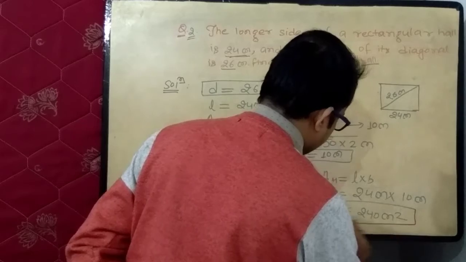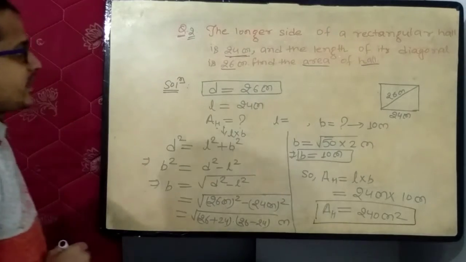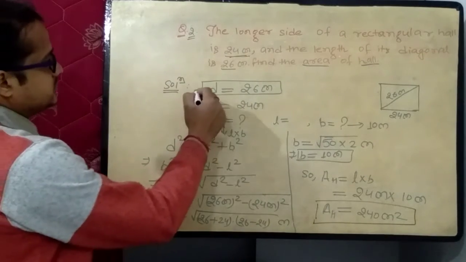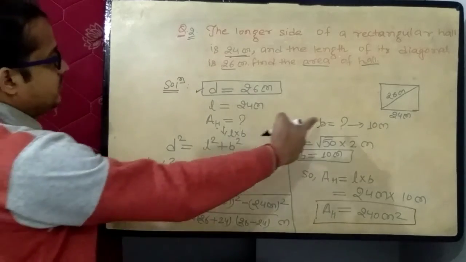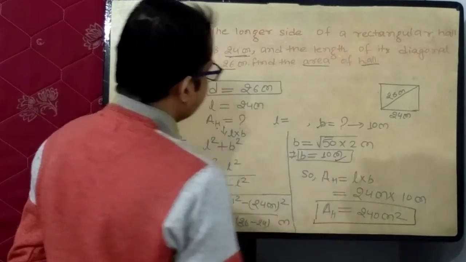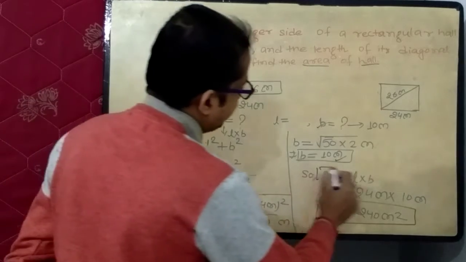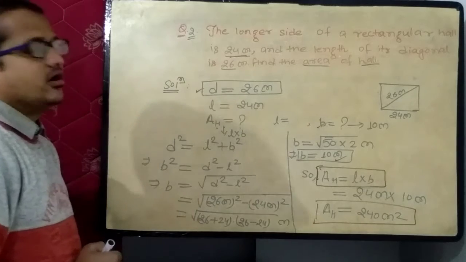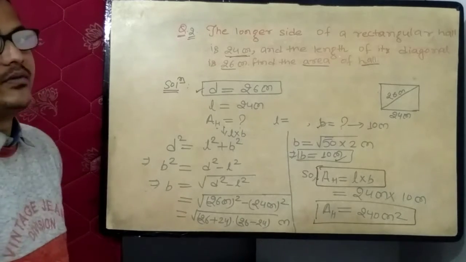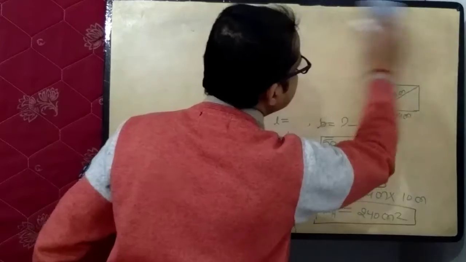So this is your final answer. That means by using diagonal, first calculate breadth, and after calculating breadth you can easily find out area of this rectangular hall by using this formula. Area of hall equals to length multiplied by breadth.